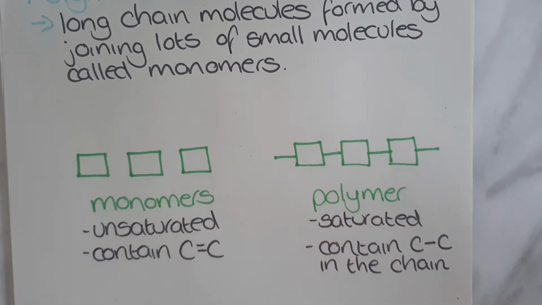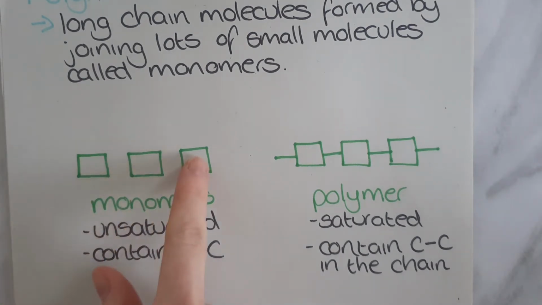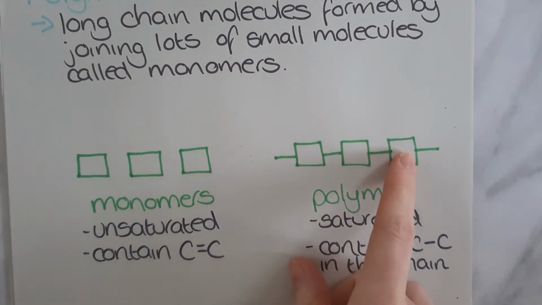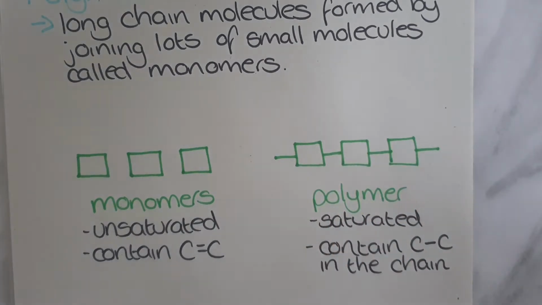Now some key things to note here. All monomers have a carbon-to-carbon double bond within them, so each of these will have a carbon-to-carbon double bond. That means they're unsaturated, whereas your polymer, the chain that forms, becomes a carbon-to-carbon single bond.